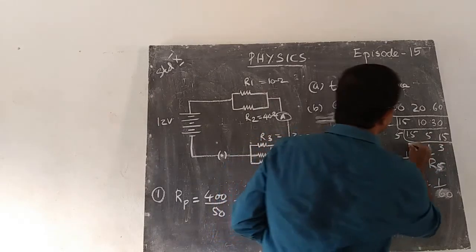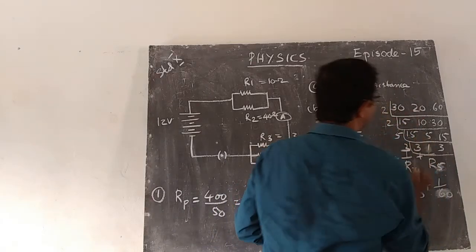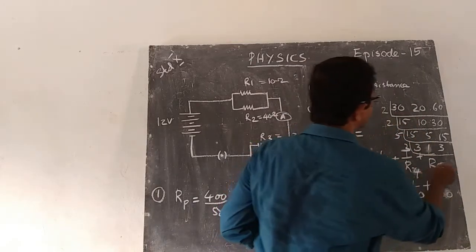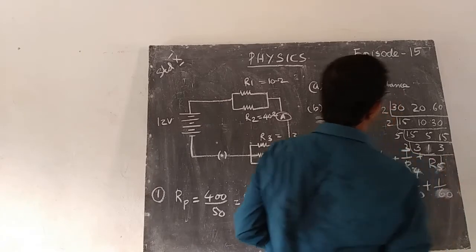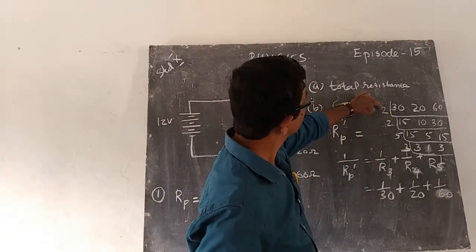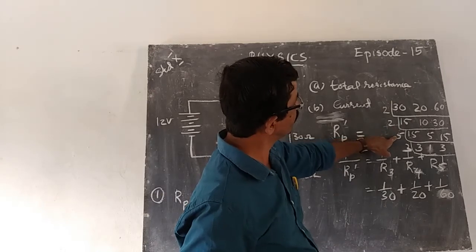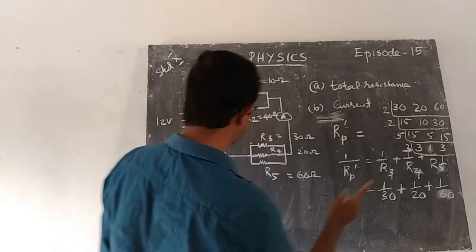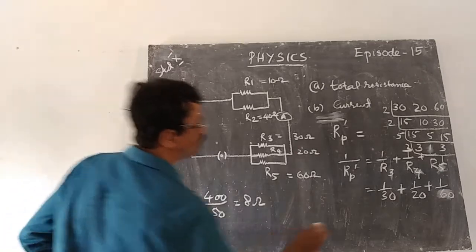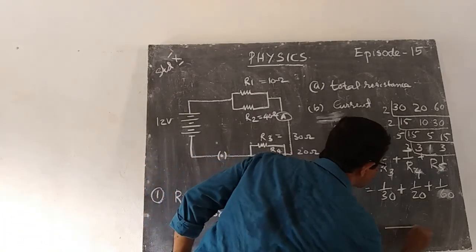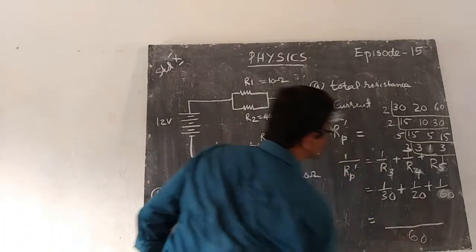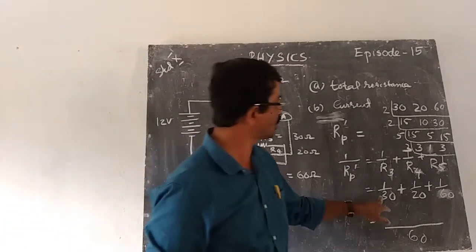Now again we can divide by 3 because the same value is repeating, so this will come as 1. Now 2 into 2 is 4, 4 times 5 is 20, 20 times 3 is 60. So the LCM of these three becomes 60.